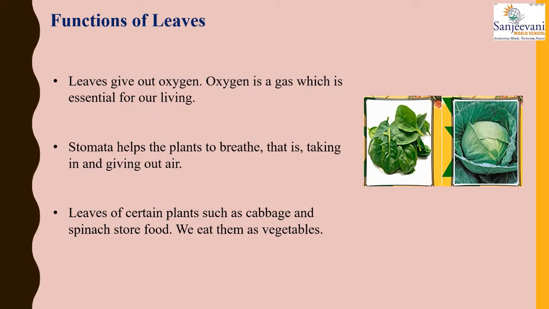There are small tiny pores present on the lower side of a leaf which help plants in breathing, that is taking in and giving out air. Leaves of certain plants such as cabbage and spinach store food in them. So we eat them as vegetables. So these are the functions of leaves.